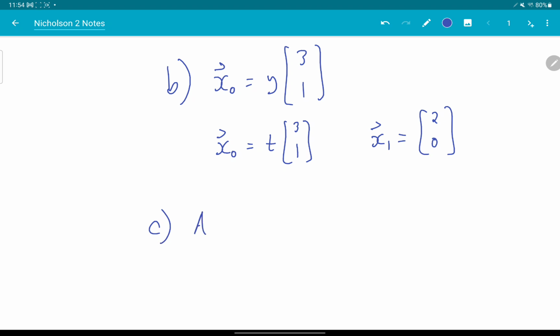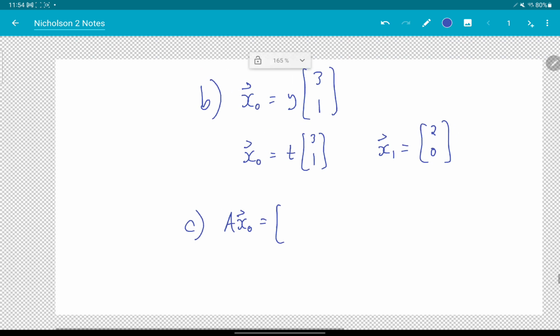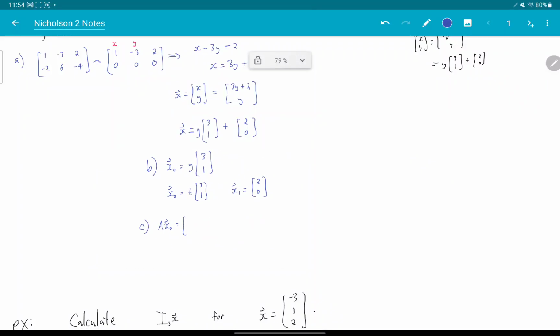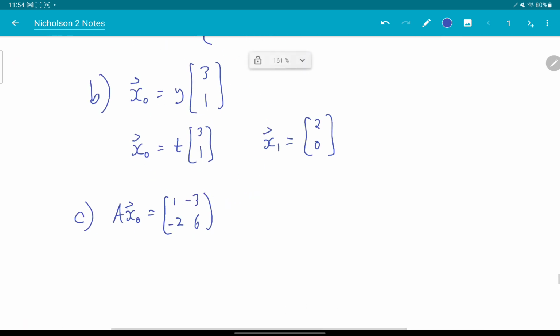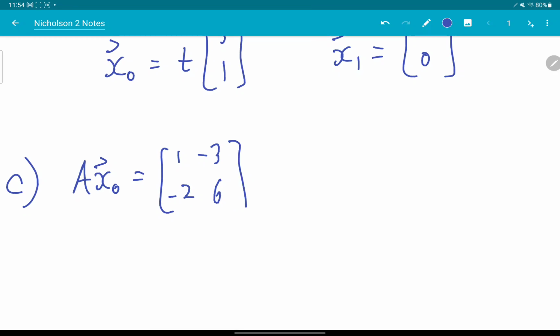Okay, C says calculate Ax0. So A, I've forgotten, what is A? 1, negative 3, negative 2, 6, times x0.